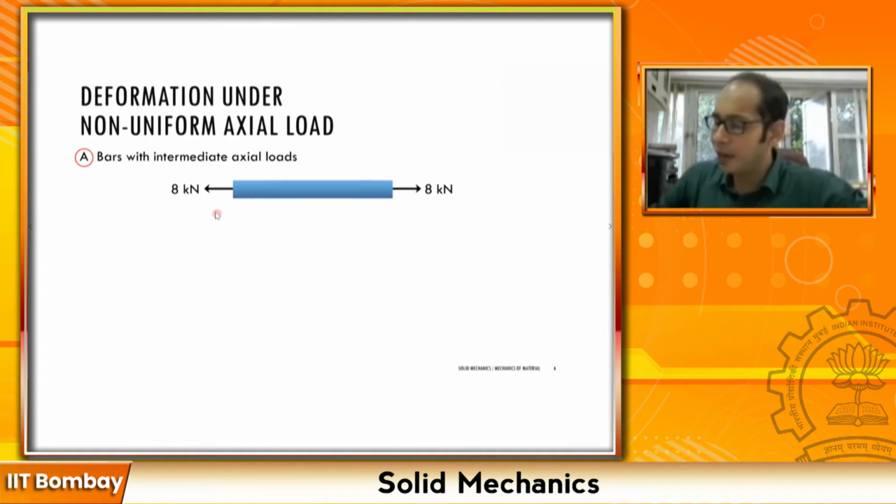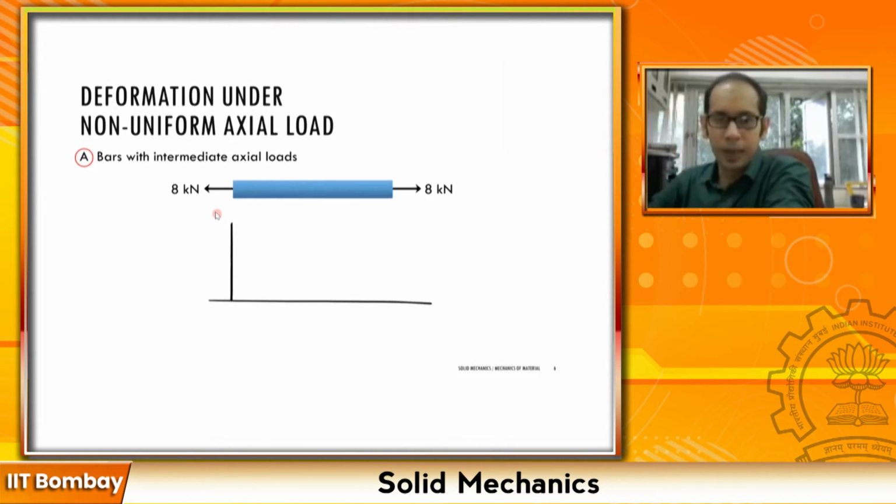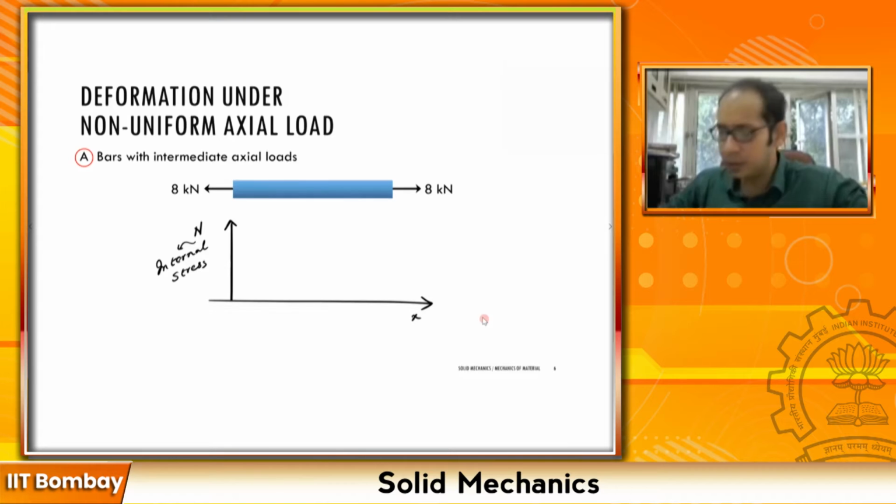So for this one, if I have to draw the variation of the internal stress along the length of the bar, let me draw this axis. Here my vertical axis is the internal stress N, and the horizontal axis is X, which is the length of the bar.